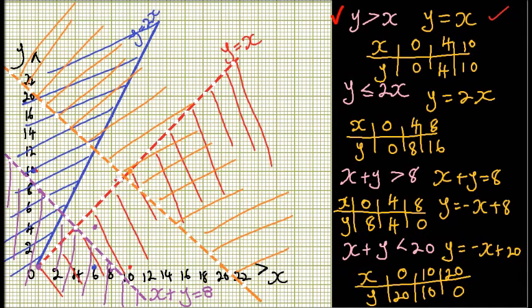So if you come to your region here, you find that we cannot take a value where y is greater than x. So the value that you get here is x is 9, and y is 10. So the maximum area is 9 times 10, which is equals to 90 meters squared.